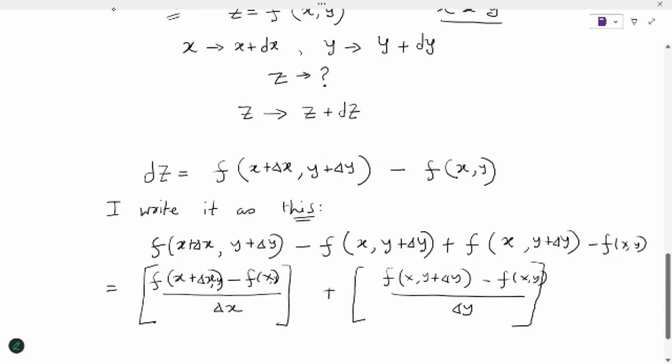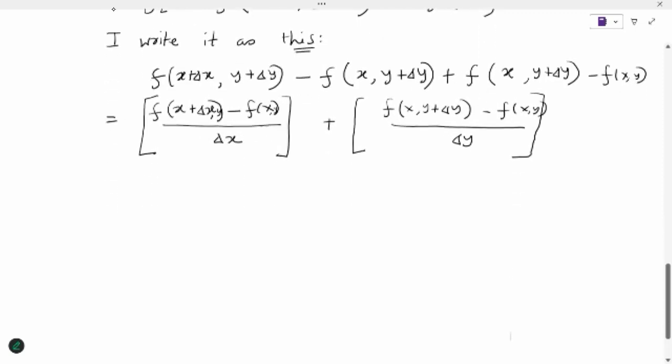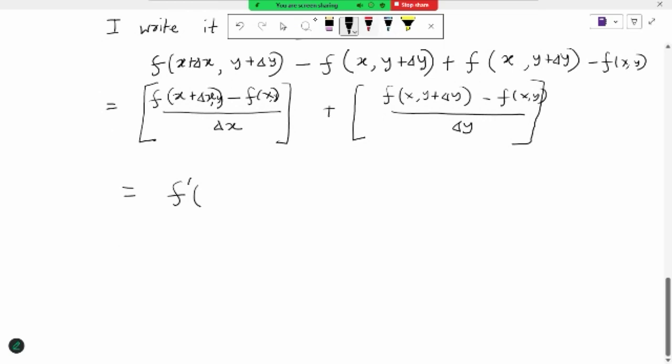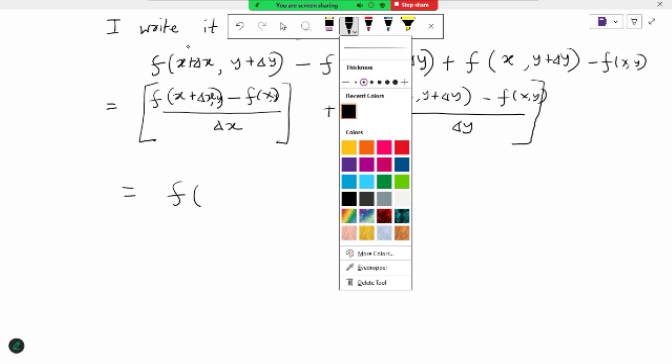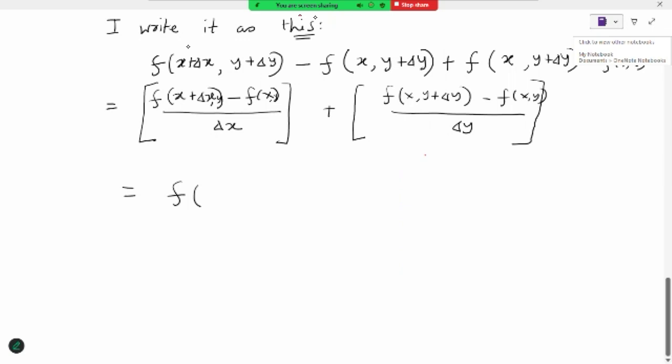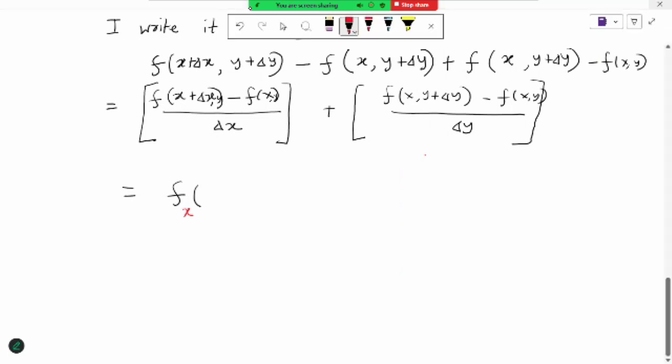Now this becomes then f x. Oh, I have to change the ink.